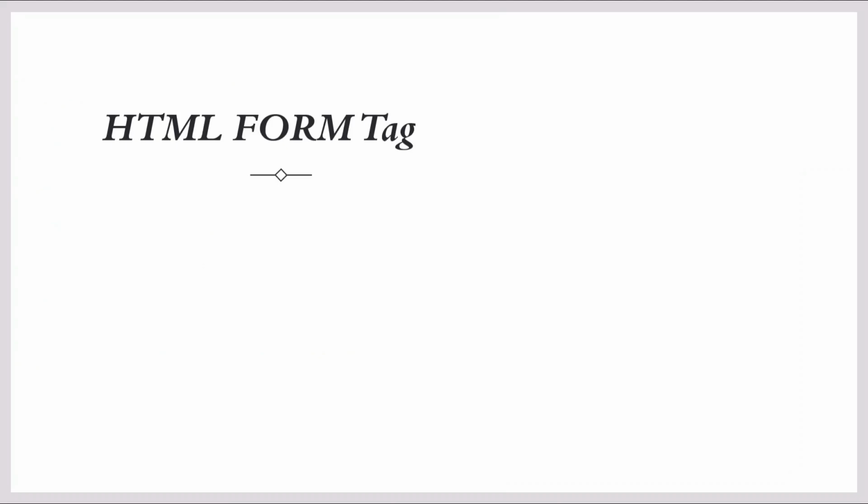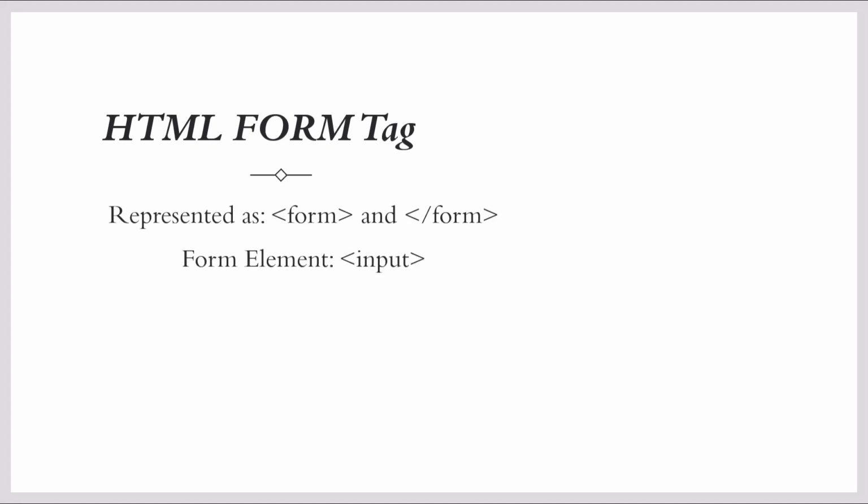Let's start by understanding the basic structure of HTML form. We use form element to create a form. HTML input element is the most used form element. The input element can be displayed in many ways depending on the type attribute.